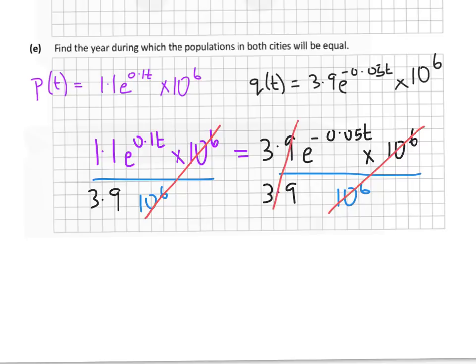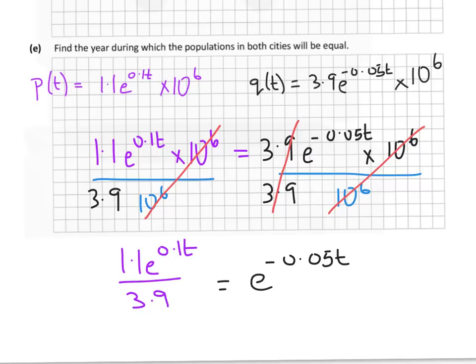So those 3.9s have cancelled here. And on my left hand side of the equals, I'm left with 1.1 e to the power of 0.1 t divided by 3.9. And that is equal to e to the power of minus 0.05 t.